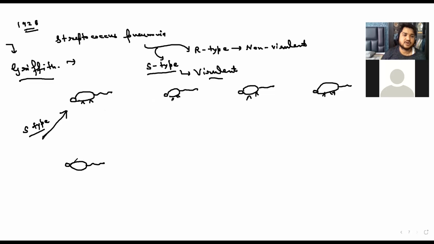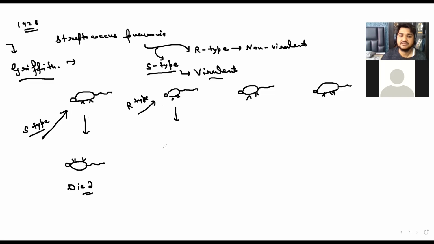Die. So now this rat died. Why? Pneumonia.